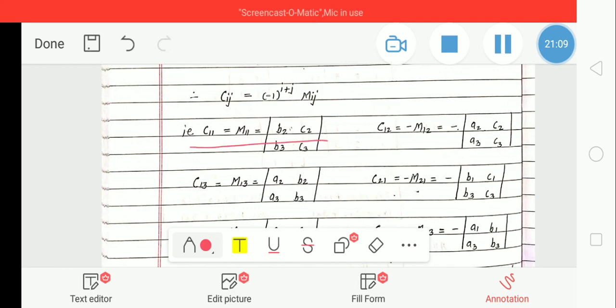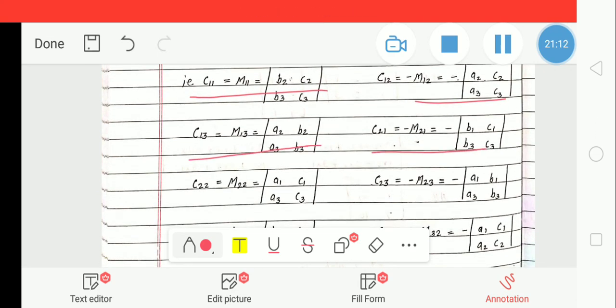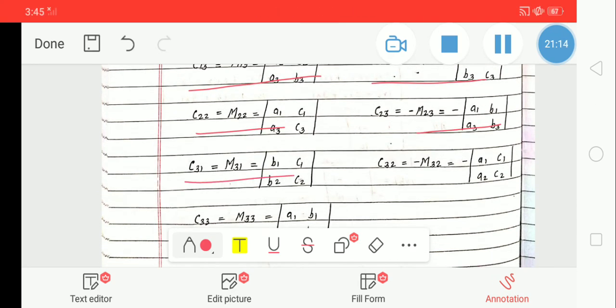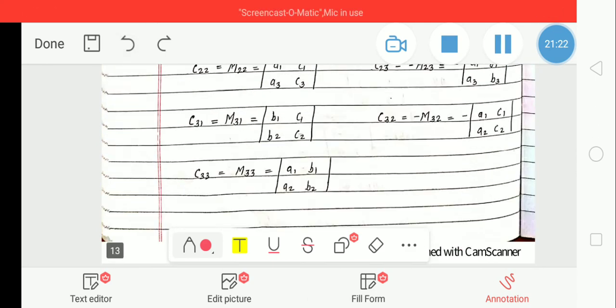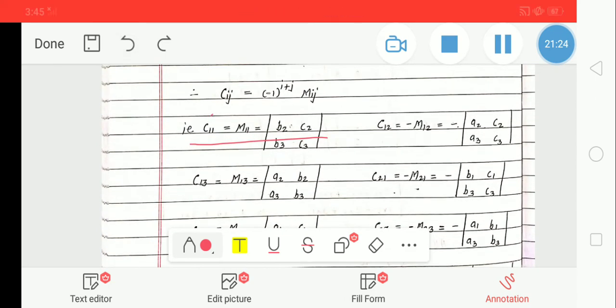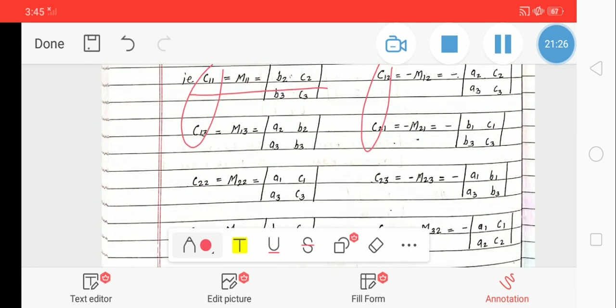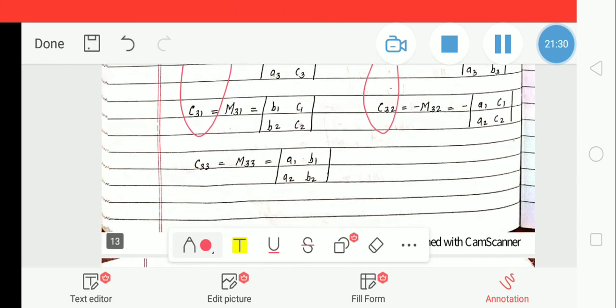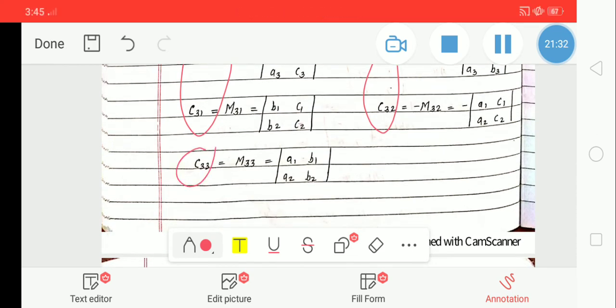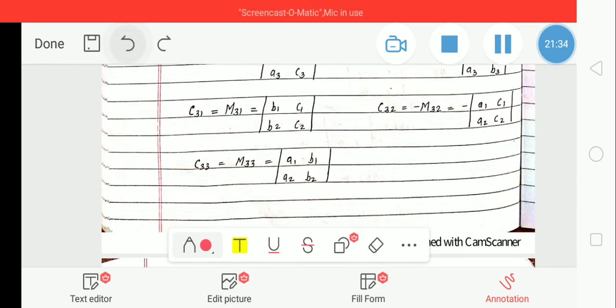So we know these, which you have already studied. So C11, C12, C13, C21, C22, C23, C31, C32 and C33 are the cofactors to find.